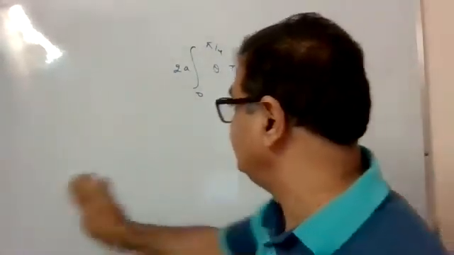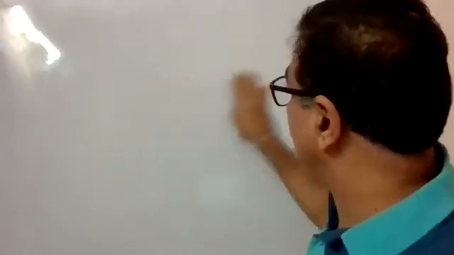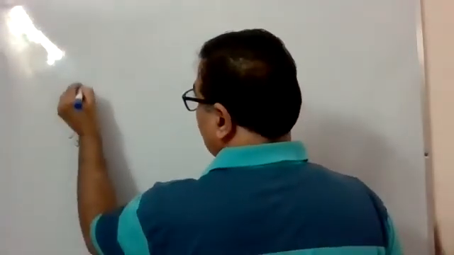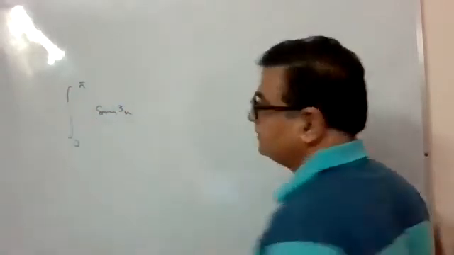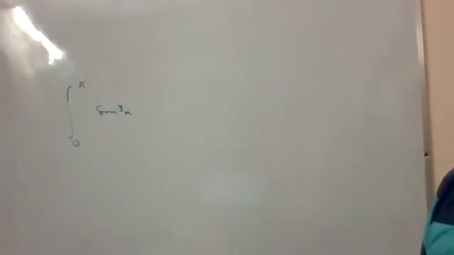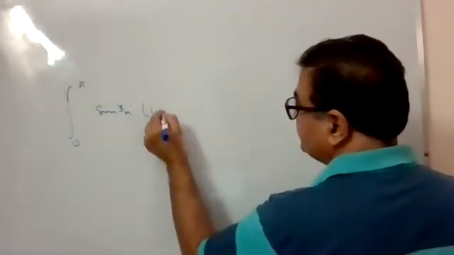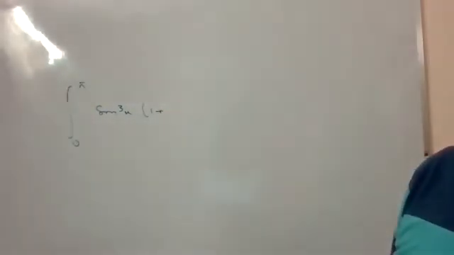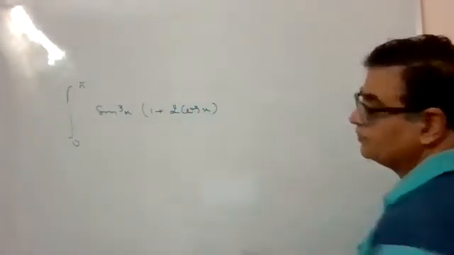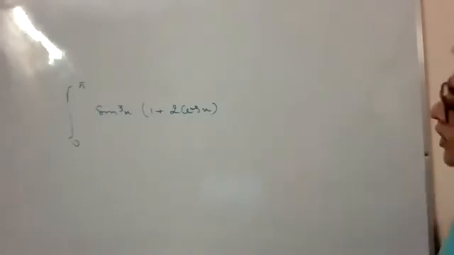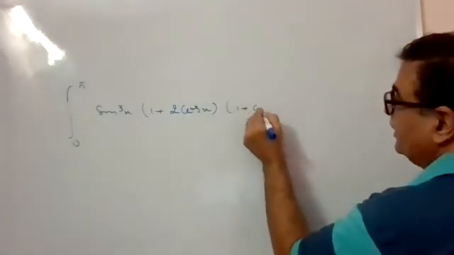Okay, write down the next question, please: integration 0 to pi, sin cube x, 1 plus 2 cos x, into 1 plus cos x whole square.